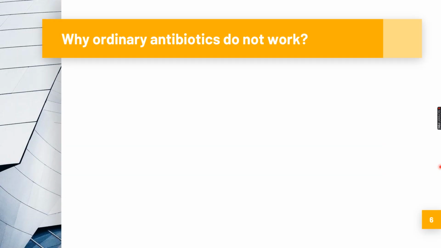Now, tuberculosis has an entirely different set of antibiotics, and the usual antibiotics which you learned until now do not work properly in the management of tuberculosis. There are reasons for that.